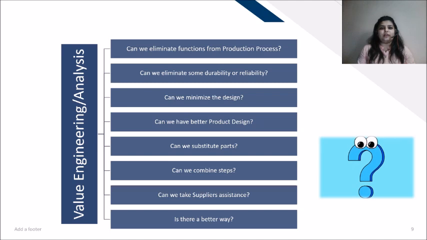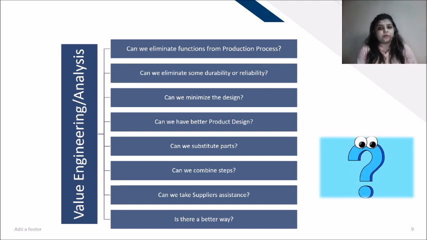That is what they are doing, right? They are changing the design of their rocket. They are trying to reach Mars at lower fuel cost. That is the best example of your value engineering and value analysis. They are trying to minimize the design as well. So that's how we can minimize our design and go for cost reduction.